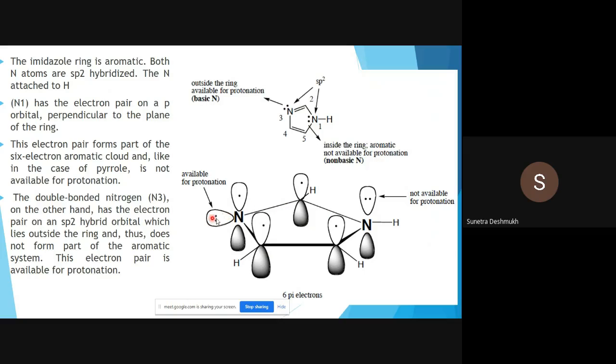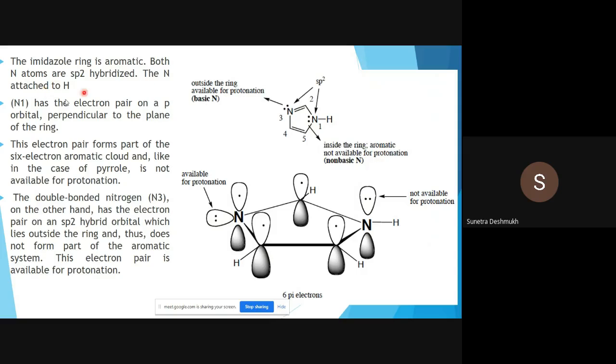So that's why this lone pair is available for protonation. That's why this nitrogen is pyridine like nitrogen. Here you can see the pyrrole like nitrogen, the lone pair which is present in the p orbital, and these are all parallel to each other. Due to that, this one takes part in the aromatic sextet.